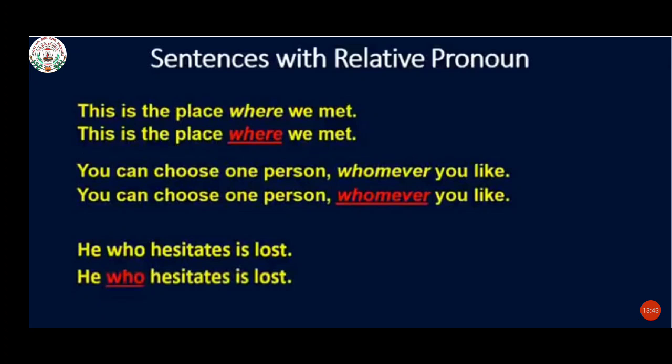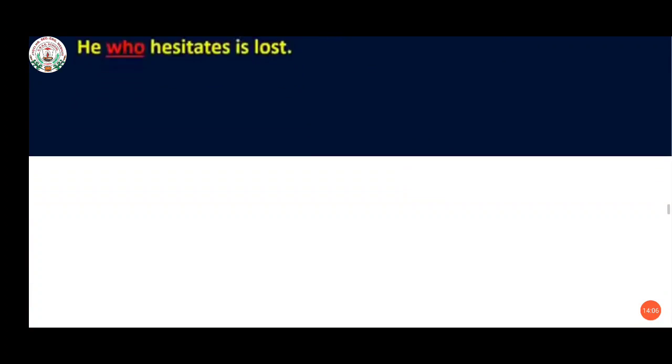Now students, another example I want to take is which. Like, my precious blue lamp, or blue pen, which was in the room was broken. So here which is a relative pronoun. Okay, now see the next one.